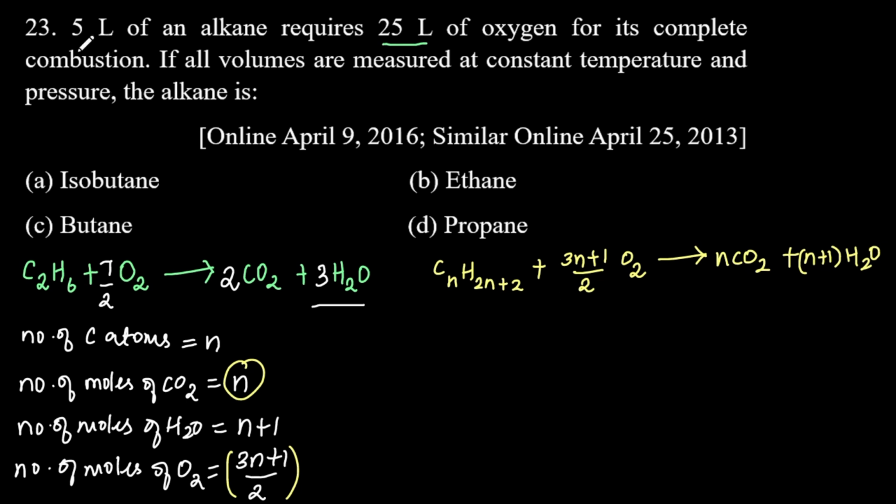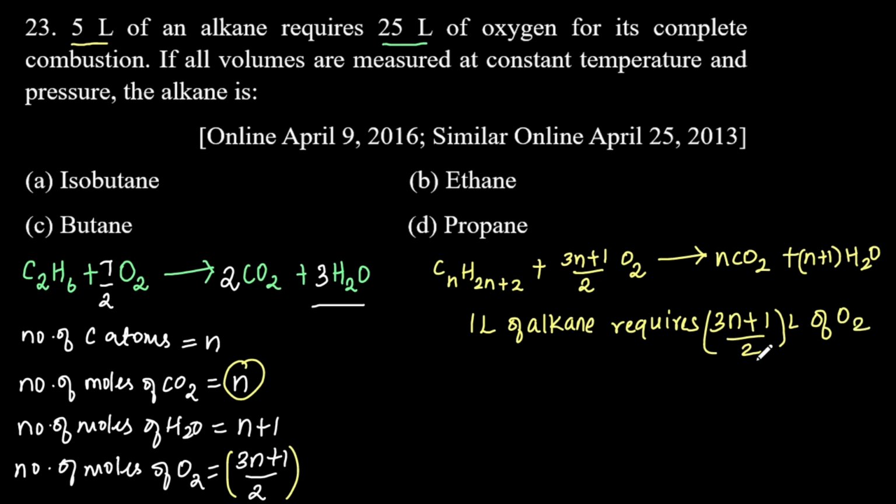In the question it is given that 5 liters of alkane requires 25 liters of oxygen. From this general equation, what can we write? 1 liter, because the coefficient of CnH2n+2 is 1. So 1 liter of alkane requires how many liters of O2? The coefficient is (3n plus 1) by 2 liters of O2.